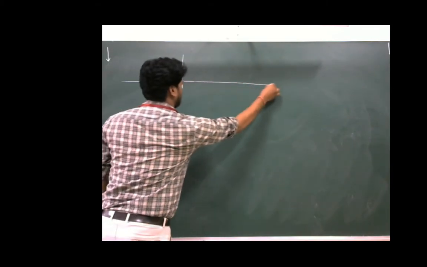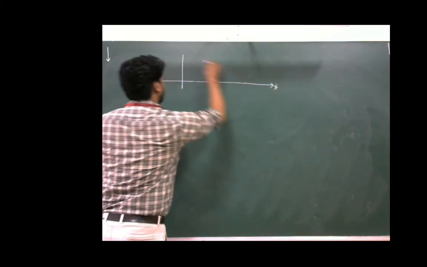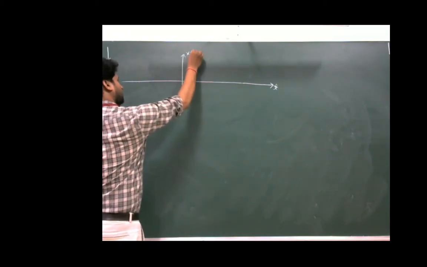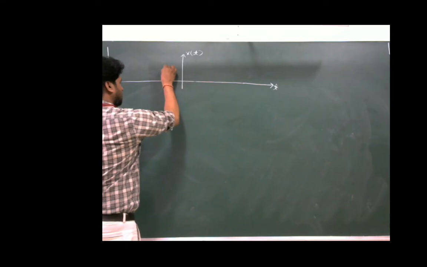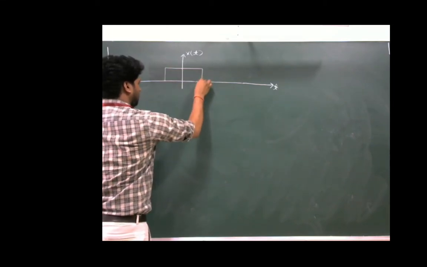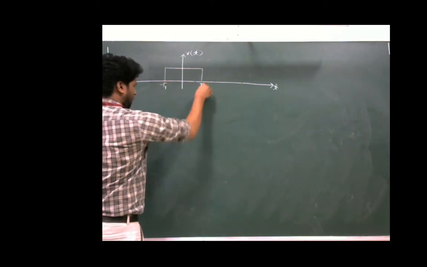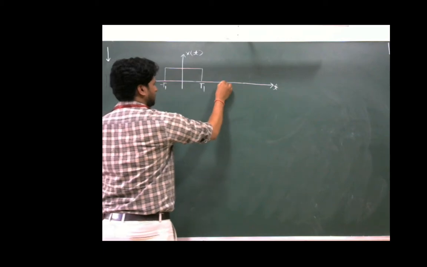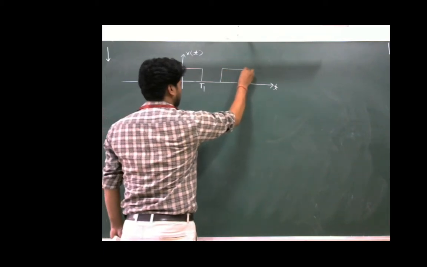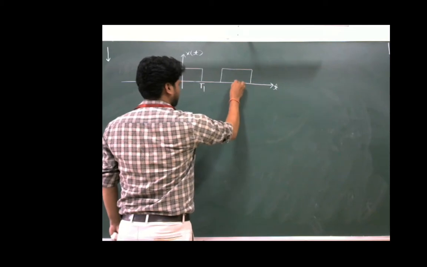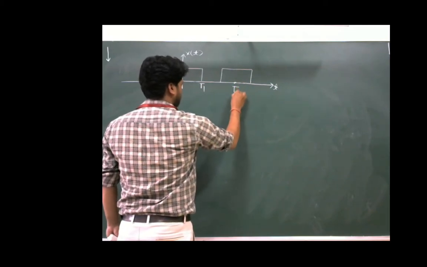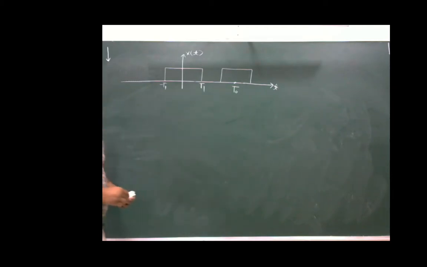Suppose there is a signal x(t), a periodic signal, whose extension is from minus t1 to plus t1, and this signal is periodic with the period of t naught.